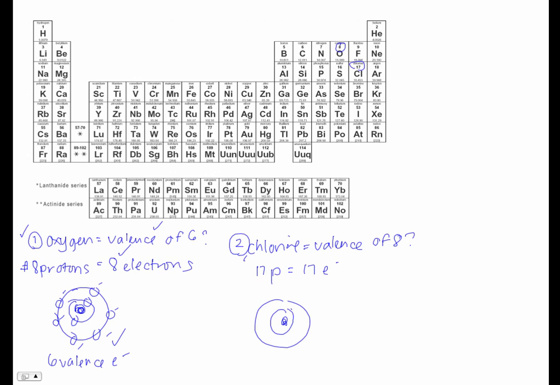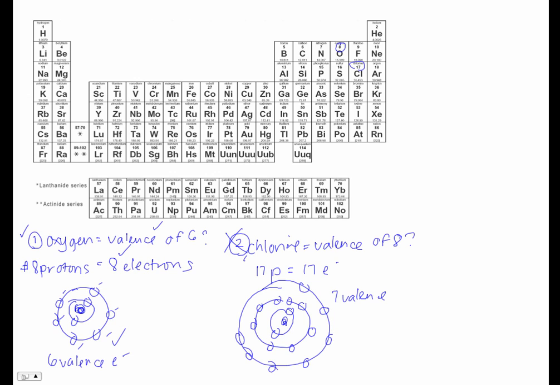First one, 1, 2, 3, 4, 5, 6, 7, 8, 9, 10. Next shell, we can carry at most 18, but how many more do we have left? 7. 1, 2, 3, 4, 5, 6, 7. How many do we have in our outermost shell? We have 7. And so this number 2 is incorrect.